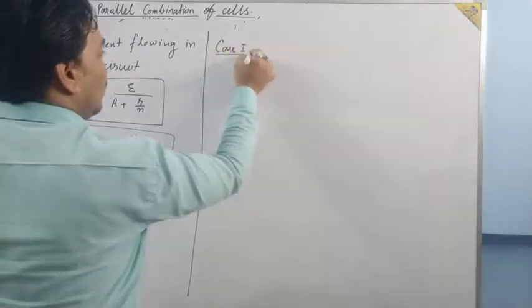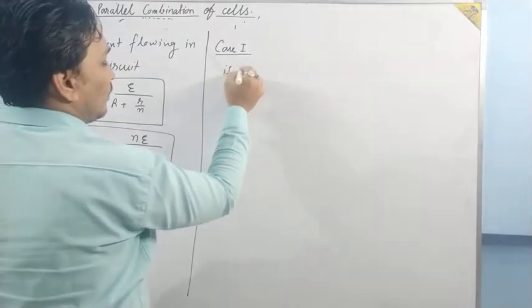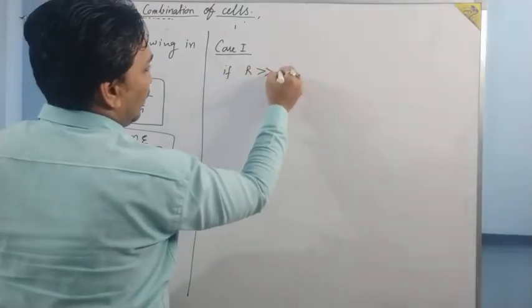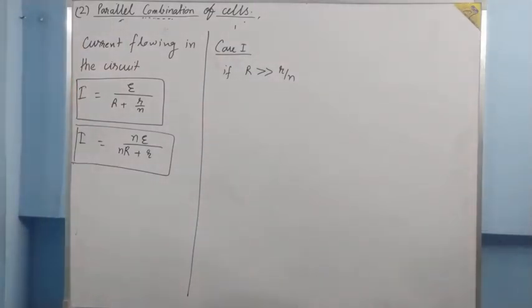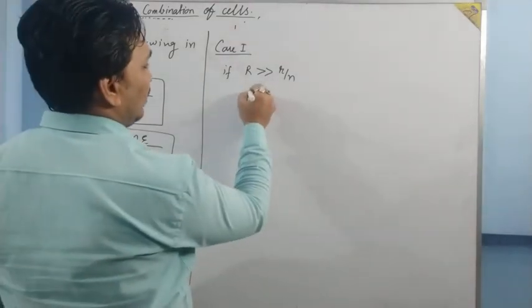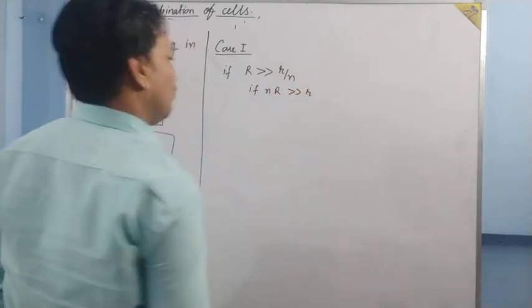Case 1. If capital R is very much greater than small r by n. This case can also be said as if n into capital R is very much greater than small r. Same thing.